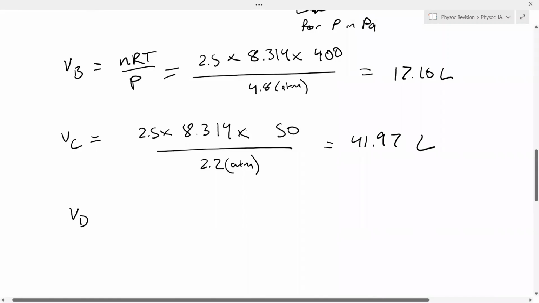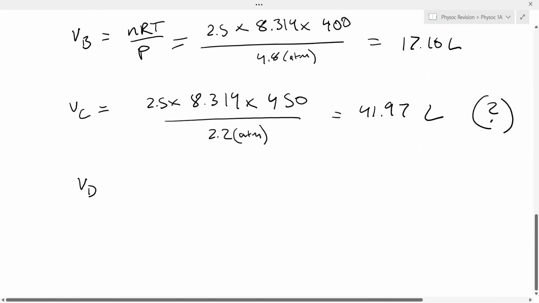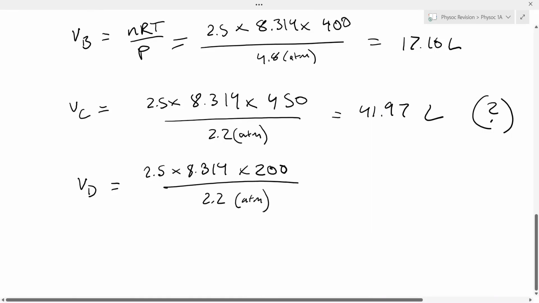I'm not quite sure if that's the right number now, but that's the correct process. So for VD, we're using the same temperature as point A, which was 200 Kelvin, over our pressure at D, which was 2.2 atmospheres. And this gives me my final answer of 18.65 liters.